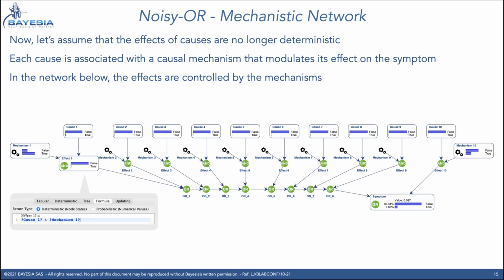If they are true at the same time, then the effect of cause one is going to be triggered, if you will. And given that I have an OR after that, this means that the symptom is going to be triggered, right? So this is a way to have a noisy OR by using divorcing and by representing explicitly here the mechanistic network, which is a causal mechanism.